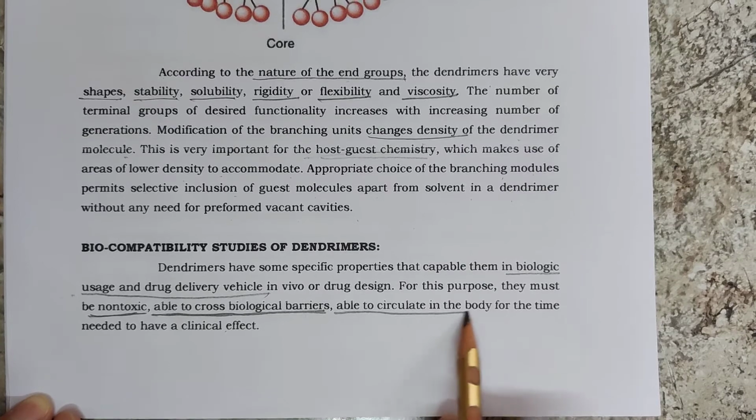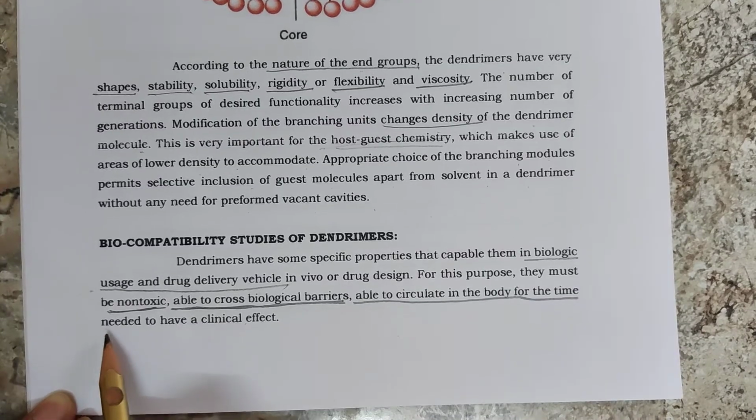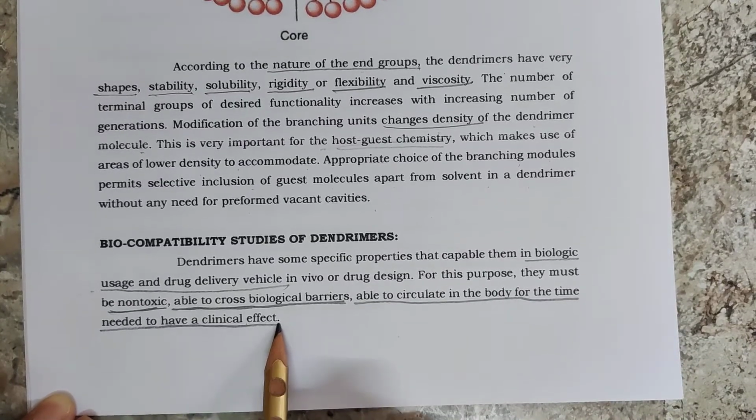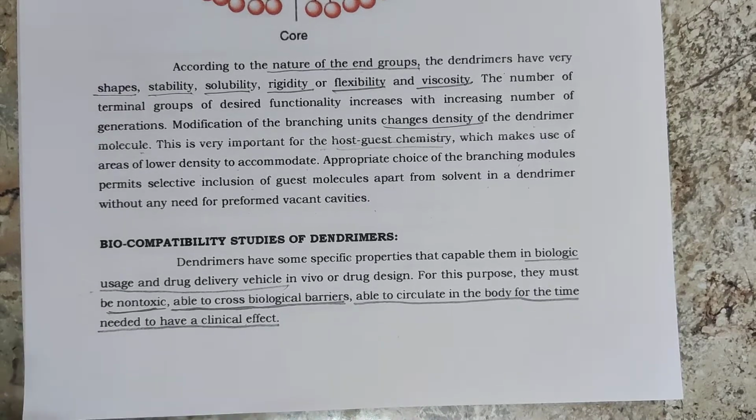Able to circulate in the body for the time needed to have a clinical effect. Let's say some drug is required to be in the body for 12 hours, but your biological system excretes it within 4 hours.